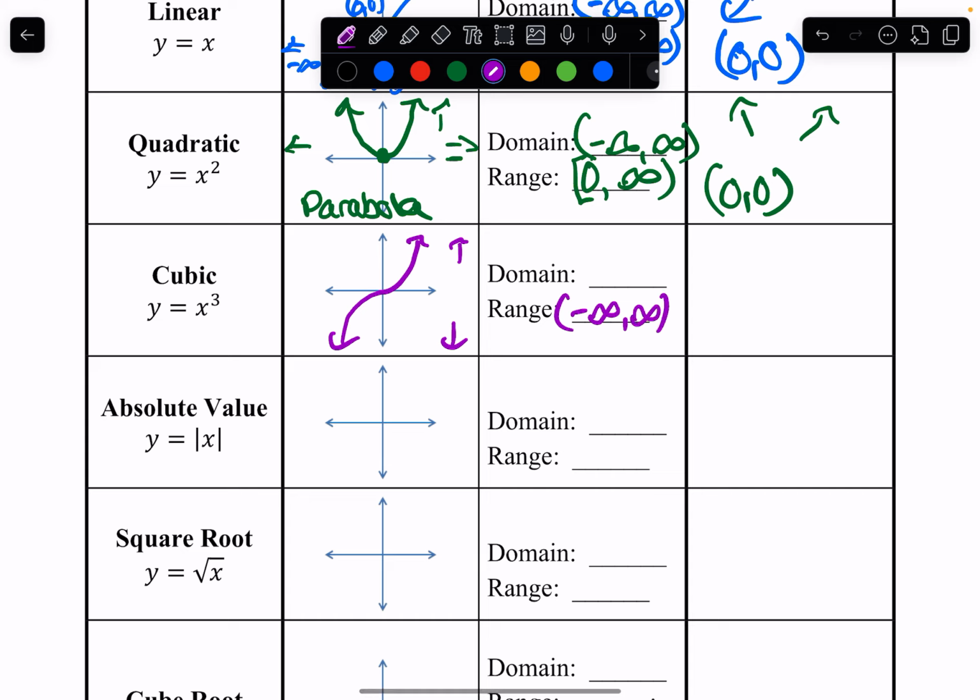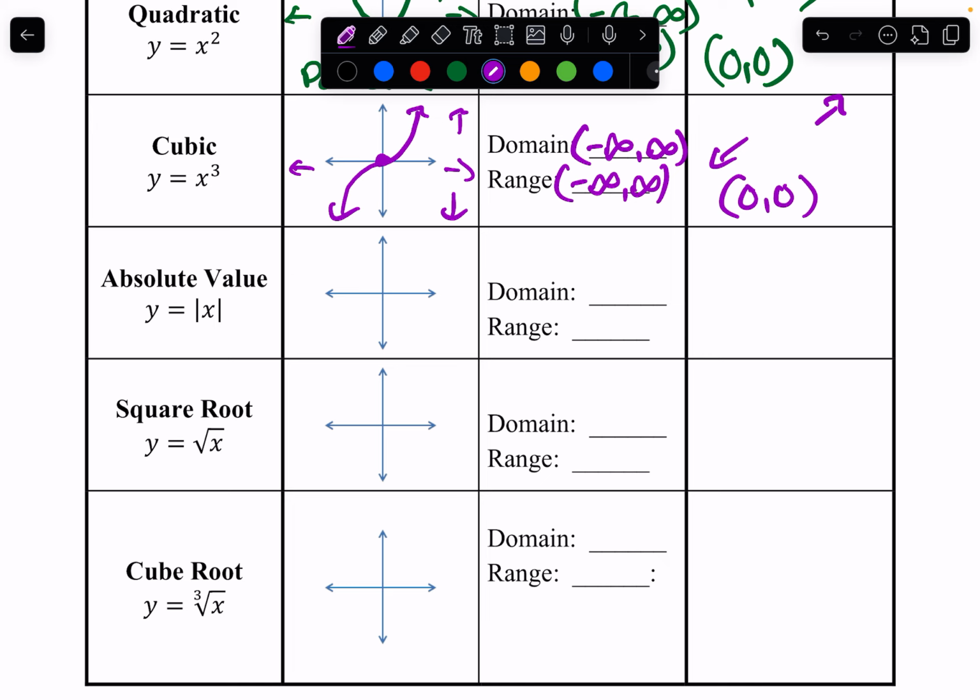That was the range. Domain is the x, so left and right, it keeps going and going, negative infinity to infinity. So all real numbers for both of those. Now, our 0 x-intercept, it crosses the x-axis at 0, 0. So that is our 0. And end behavior is that it goes down on the left and up on the right.